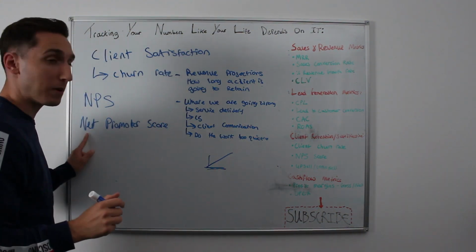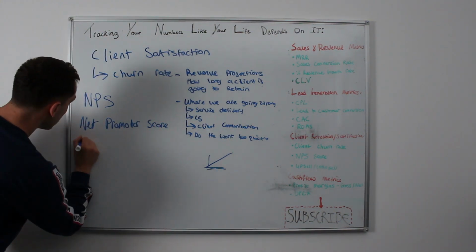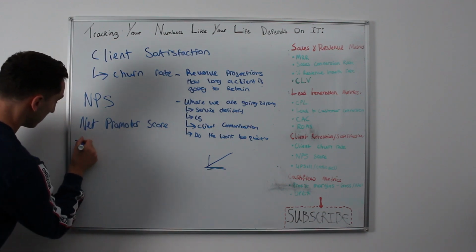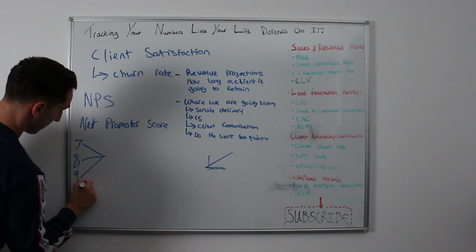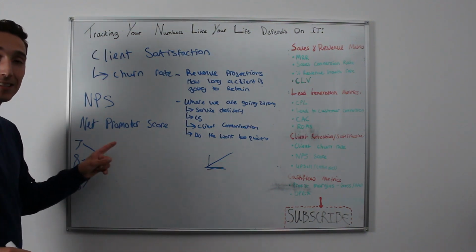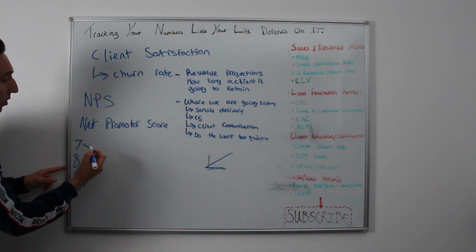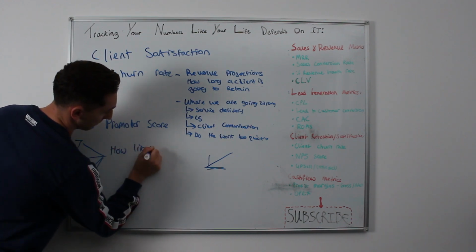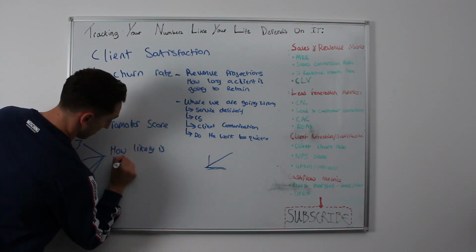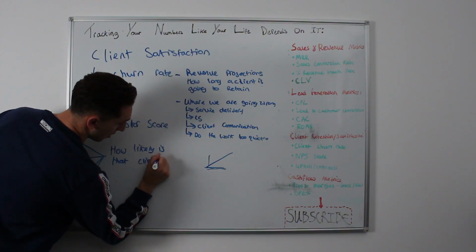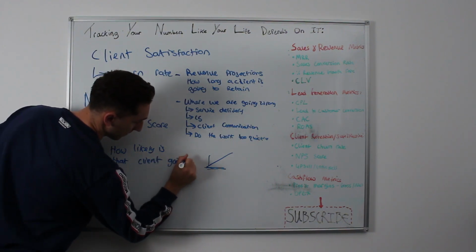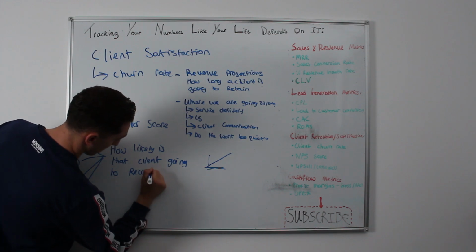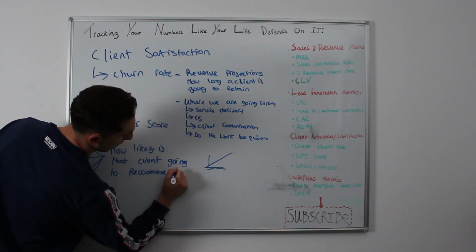Now, this essentially means if we score our clients, let's say, for example, 7, 8, 9, or 10, this essentially means how likely is that client going to recommend our agency.